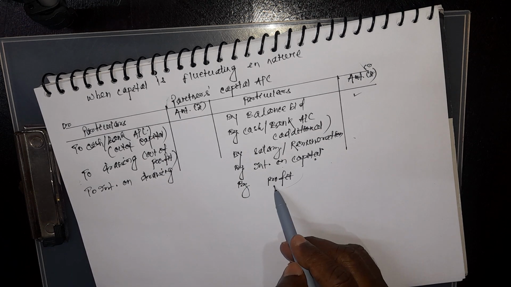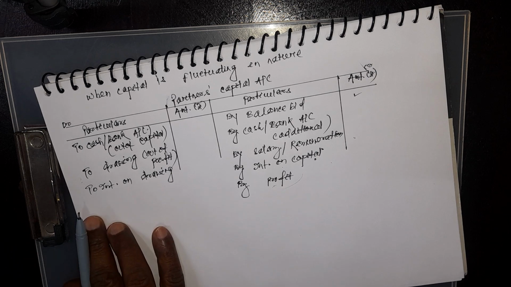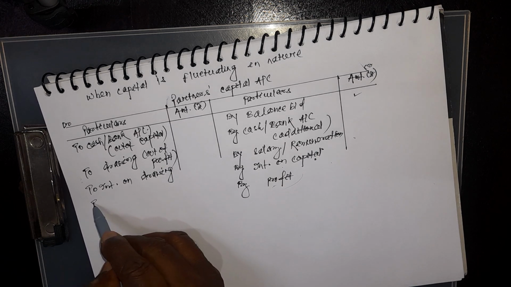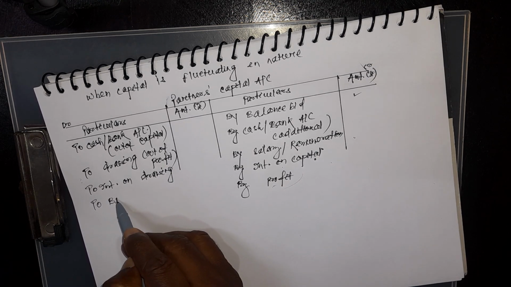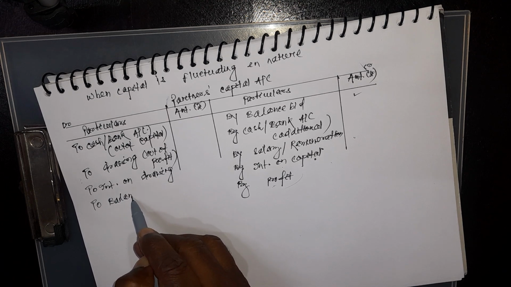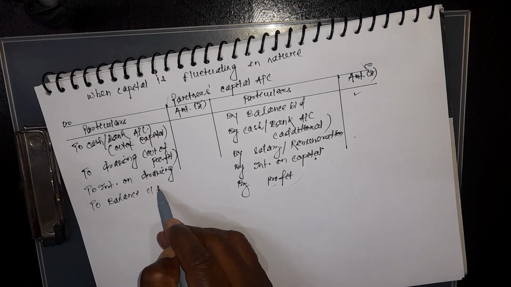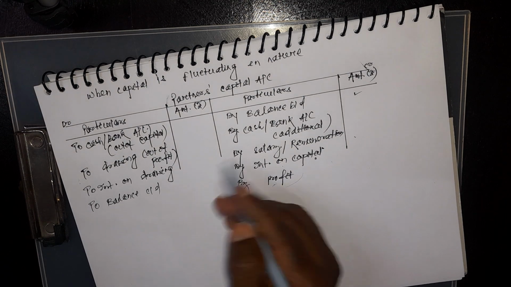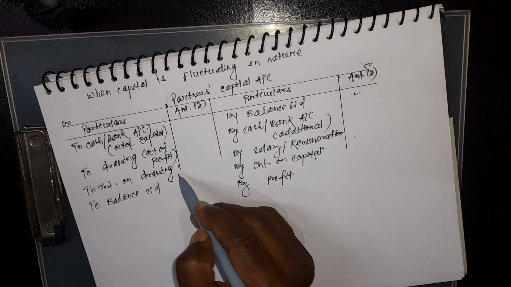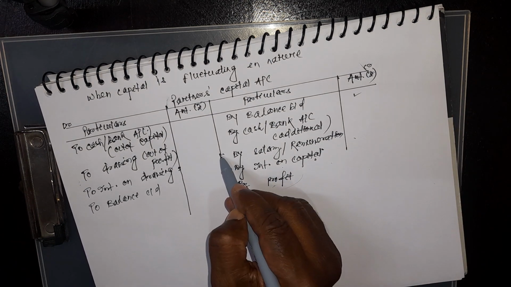If it is loss, you write it here. Then you write to balance c/d. Clear?